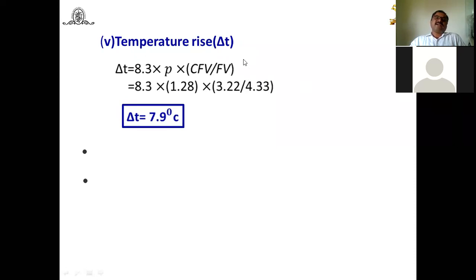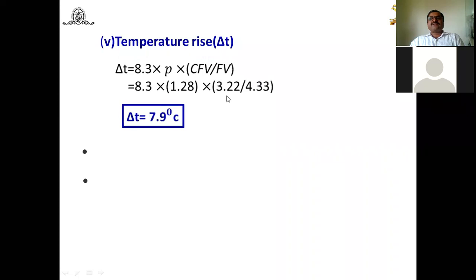Again, this is the standard equation, assuming the specific gravity of the oil is equal to 0.86. Substituting these values here, delta T is equal to this expression, 8.3 into P into Cp upon F v, that is, the coefficient of friction variable and flow variable.